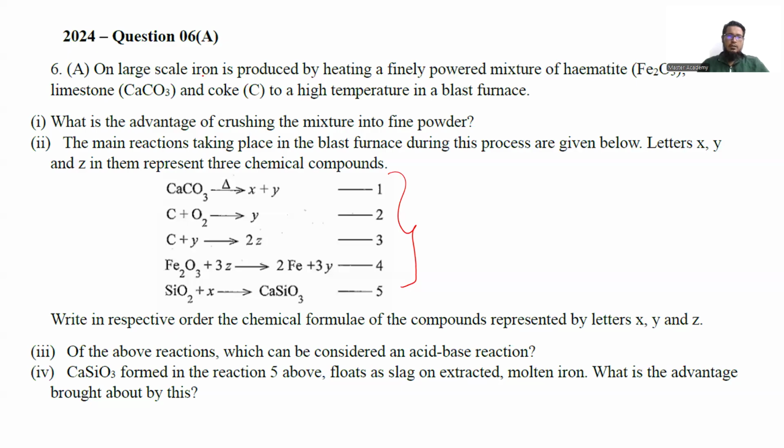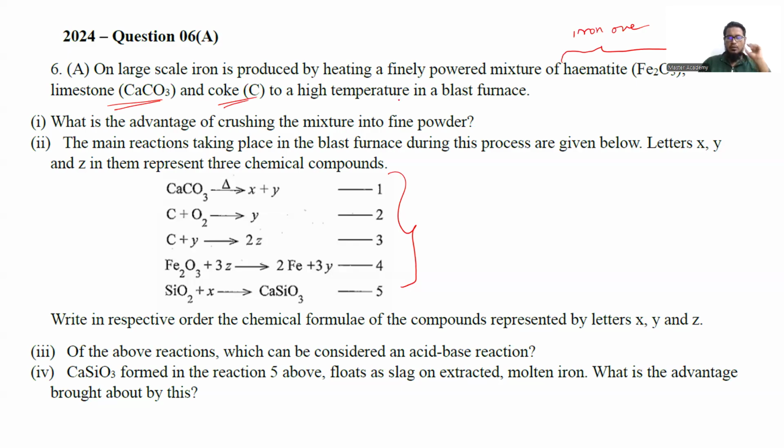On a large scale, iron is produced by heating a finely powdered mixture of Fe2O3, that is hematite, taken from the iron ore. So hematite plus impurities are there. There is another story about the impurity that we will also discuss. Then limestone and coke.